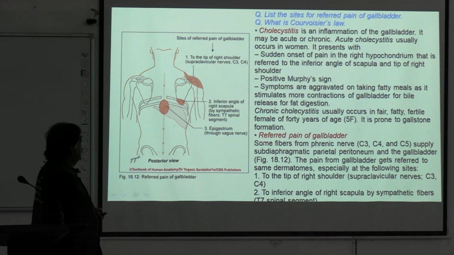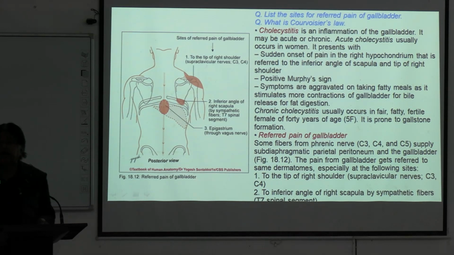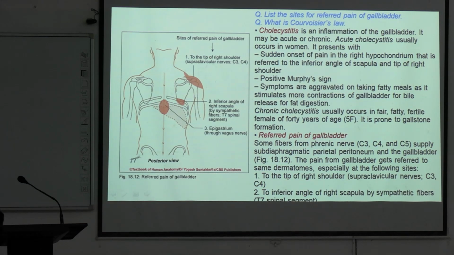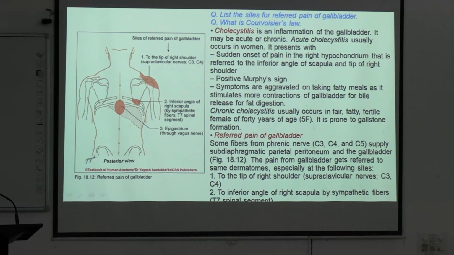Referred pain of the gallbladder: some fibers from the phrenic nerve, C3, C4, C5, supply the subdiaphragmatic parietal peritoneum and the gallbladder. The pain from the gallbladder gets referred to the same dermatomes, the nerves which supply your muscles and skin. When you are reading embryology, it will be explained to you.